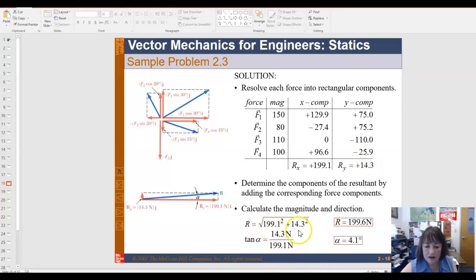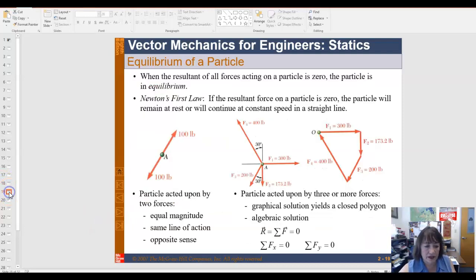So the magnitude of the resultant is 199.6, in other words, using the Pythagorean theorem to find the hypotenuse of that triangle, at an angle of 4.1 degrees. Now, if you do it this way, you have to reference the angle from something, in this case, horizontal. If you write a vector in this form, you need to reference what that angle alpha is measured from. And drawing a picture, to me, is probably a wonderful way to do that.